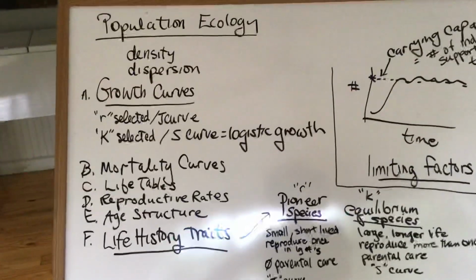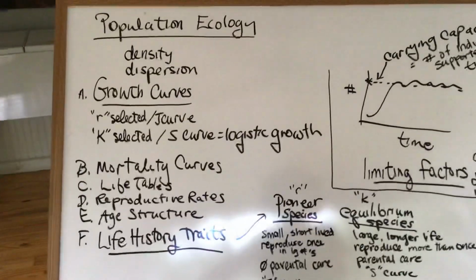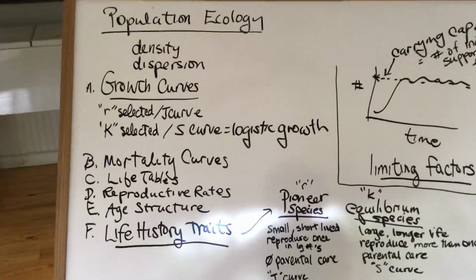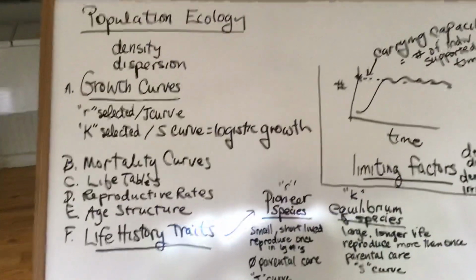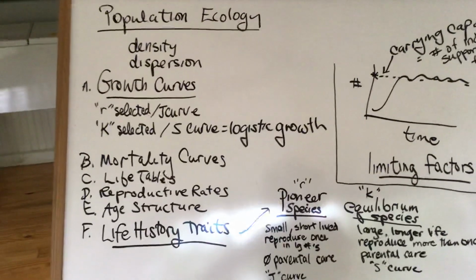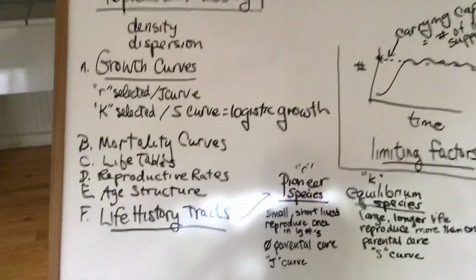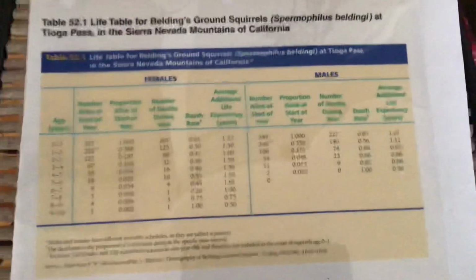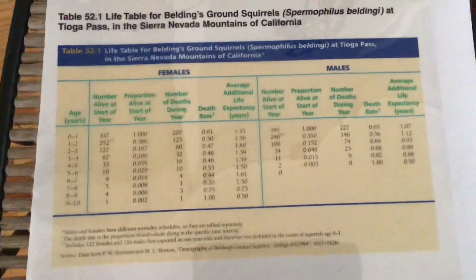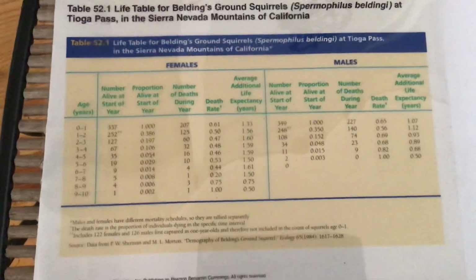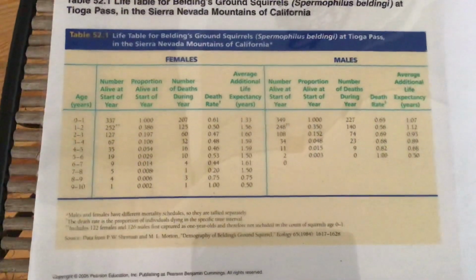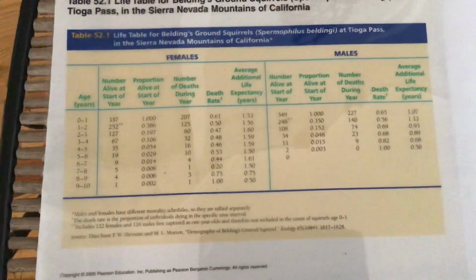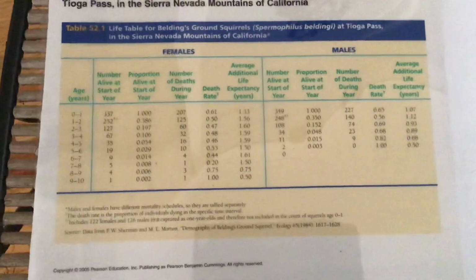Other things you can look at are their reproductive rates and how long they live, so their longevity, when they are expected to reproduce, and when they're expected to die. One of the things you can put in a table for an organism is what we call a life table. This one separates males and females, and it lists the number alive at the start of the year, so then you would know mortality if you did it for the next year.